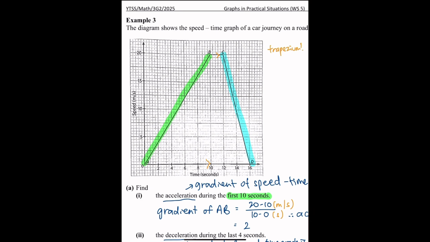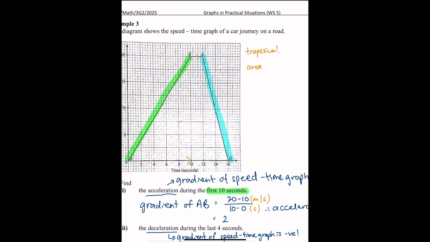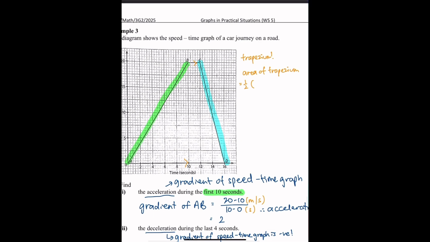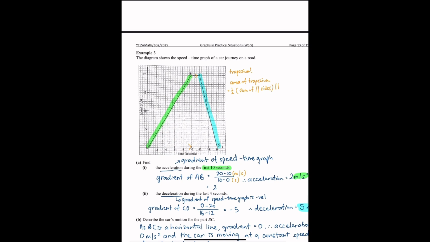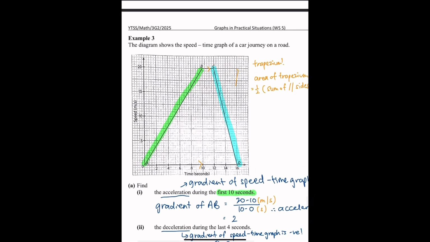trapezium. Okay, so I recap, area of trapezium is half times sum of parallel sides times the height of the trapezium. So if you notice, my height here is actually 20. And then my parallel side, for BC, is from 10 to 12, so 12 minus 10 will be 2.